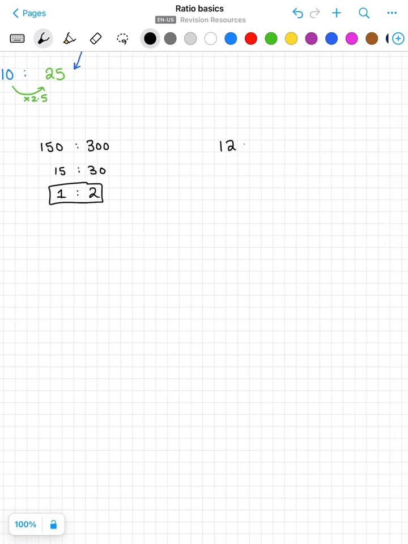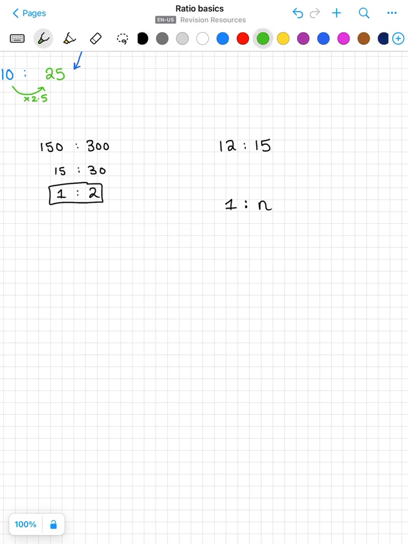Sometimes you're asked to simplify a ratio in the form of 1 to n, where n is an integer, a whole number or value that you need to find out, or n could be a decimal number you need to find out. But your job is to work out what n is. So the aim here is to look, what have we simplified our ratio down by?